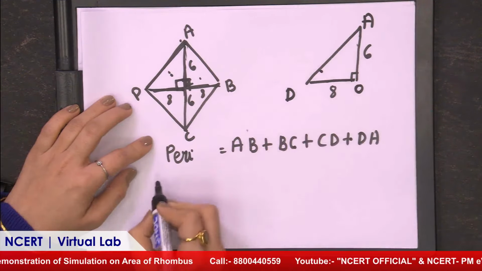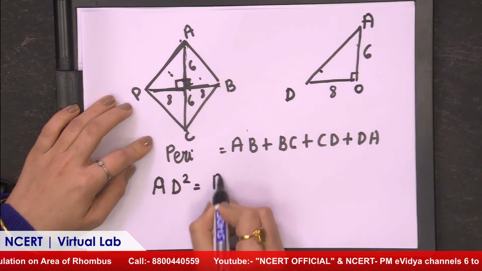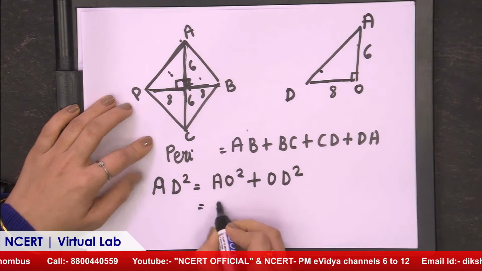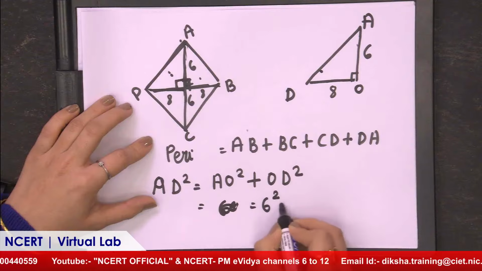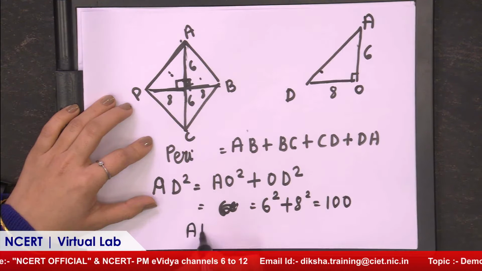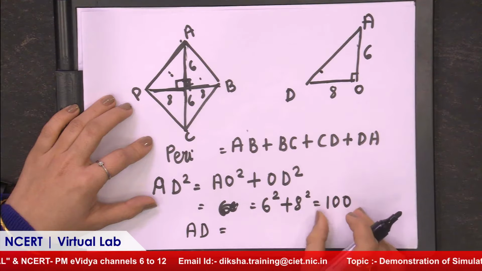So we have to find AD. AD square is AO square plus OD square. AO is 6 centimeter, so 6 square plus 8 square is 100. What is AD? AD should be square root of 100, and we take it as positive because it's a distance.